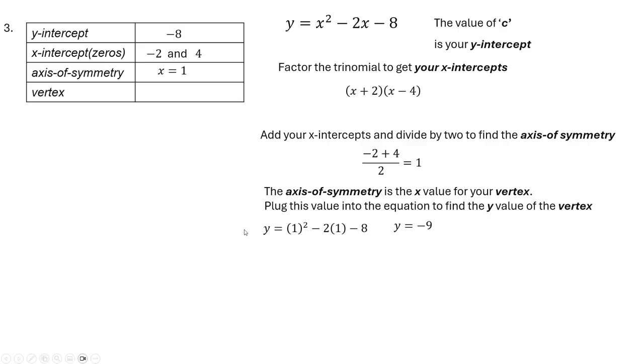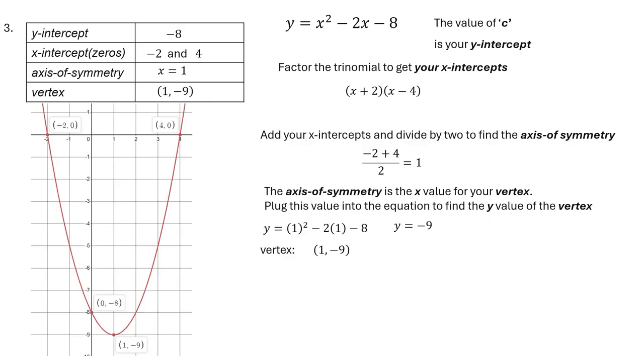The y value ends up being negative 9, so our vertex is 1, negative 9. This is what the graph looks like. And again, the axis of symmetry goes right through the middle of the vertex.